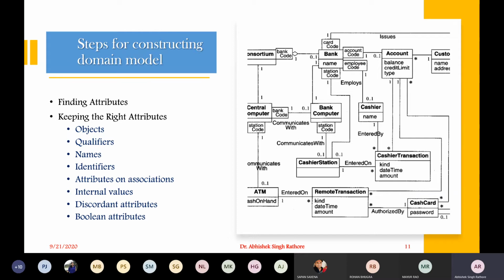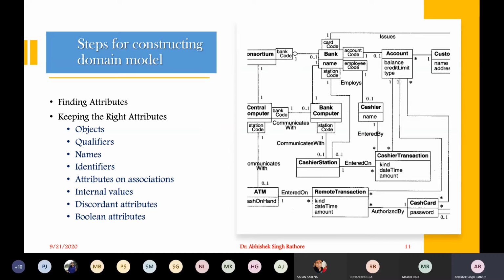Your objects are, let's say, independent, and these attributes have some semantic relationship with your types of objects. So when we are identifying these attributes, we must identify what are the objects and what are the attributes, because both objects and attributes start with a particular name, a particular noun.